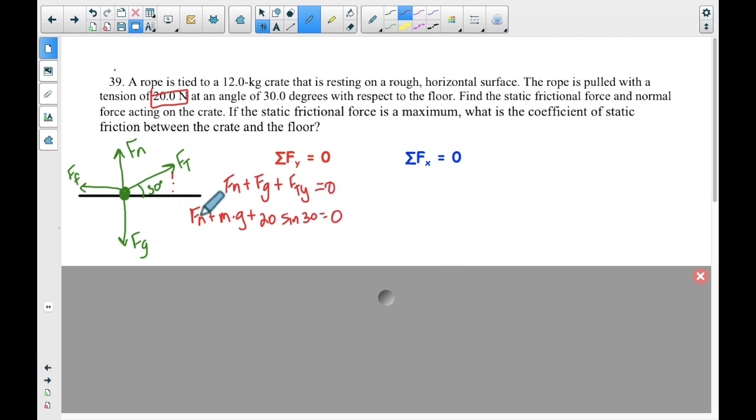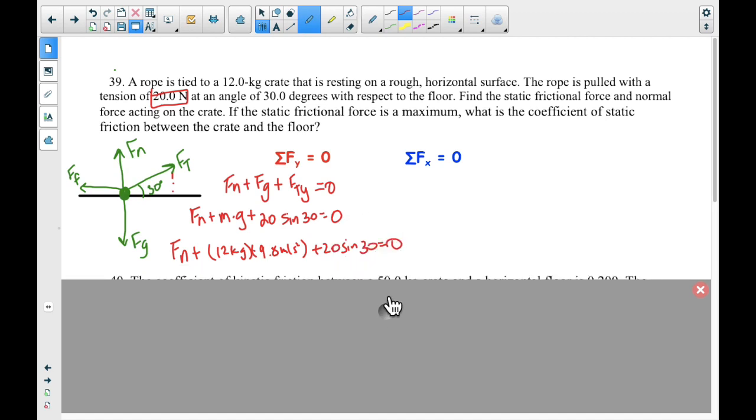Tension is going in the positive y direction. Normal is going in the positive y direction. We need to make sure when we do this calculation that gravity comes out to be negative, which it will because we're going to use a negative 9.8. So the mass is 12 kilograms, and the gravity is negative 9.8 meters per second squared, and we still have our 20 sine 30 over here. I need to go to my calculator and do those calculations.